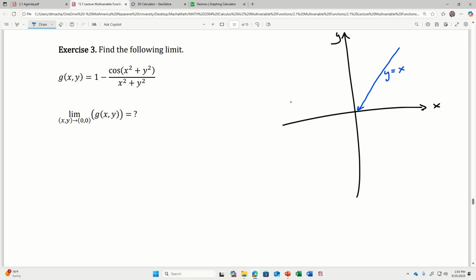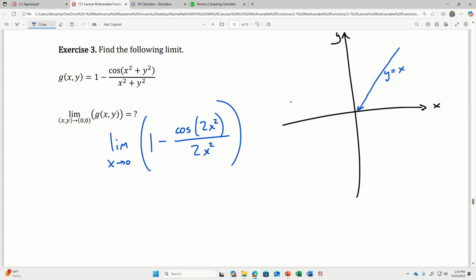And then I would get the idea that I'm taking the limit as x approaches 0 of 1 minus cosine of 2x squared, right? Because it would be x squared plus x squared if I do y equals x, divided by 2x squared. In this limit, I'll end up having cosine of 0 divided by 0.